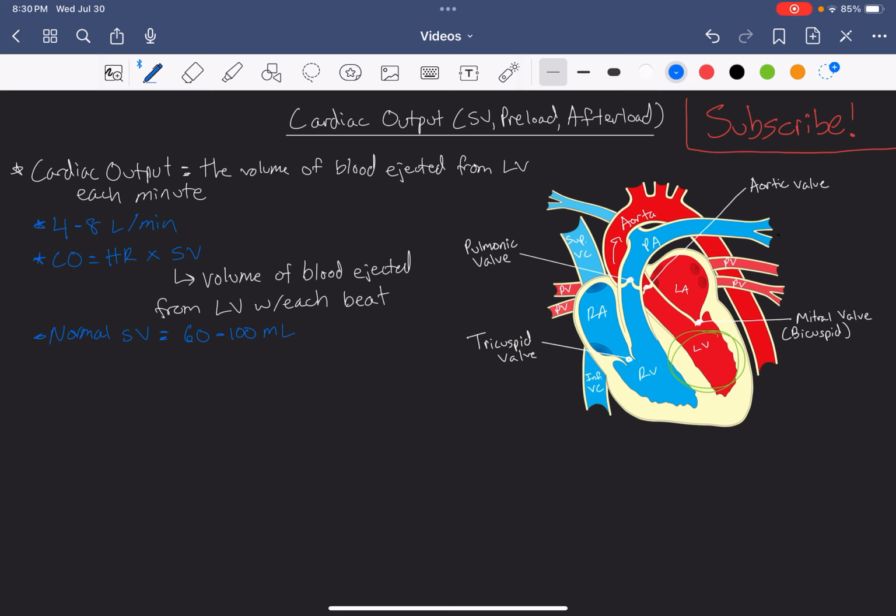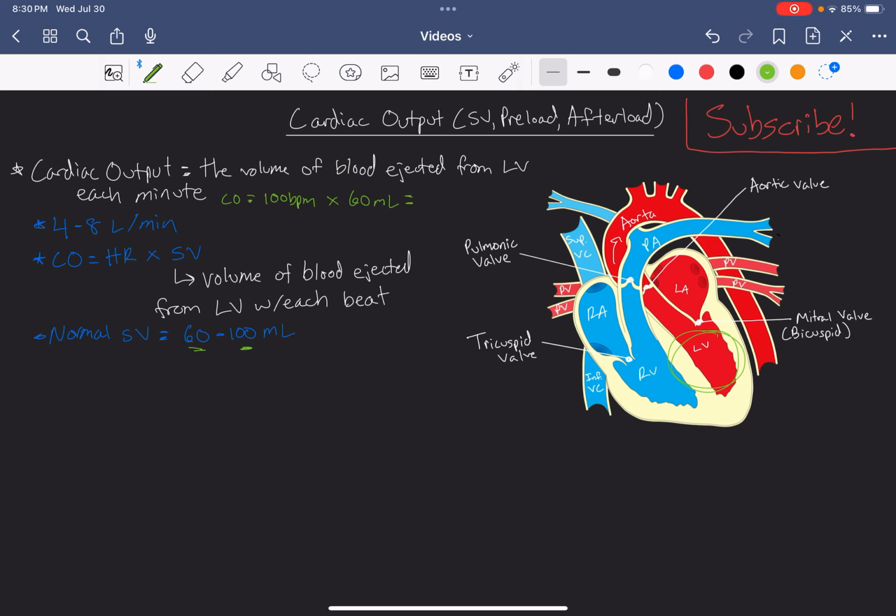So if we just do a quick example for your cardiac output, let's say we know a normal heart rate, let's just say 60 to 100. We'll make the math easy, right? So we'll do 100 beats per minute times a normal stroke volume, we'll say 60 mLs.